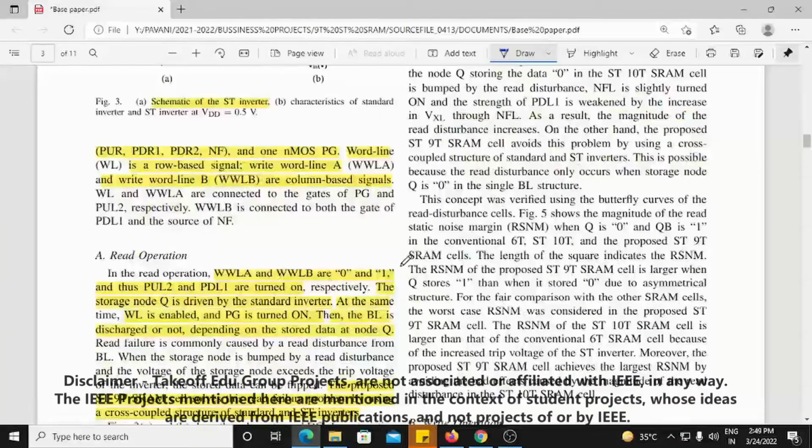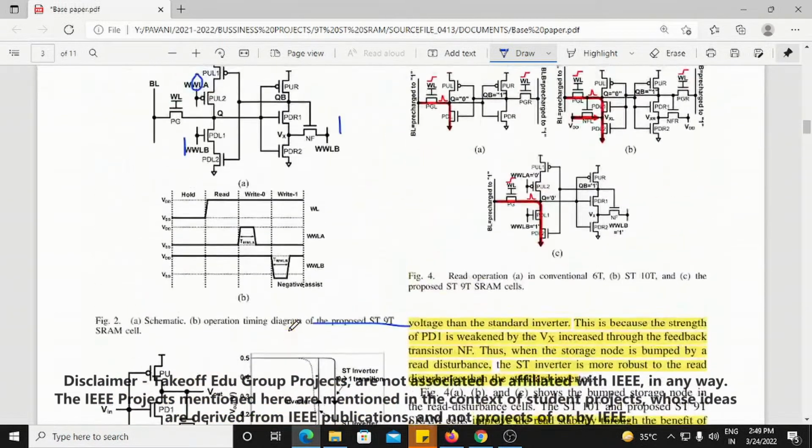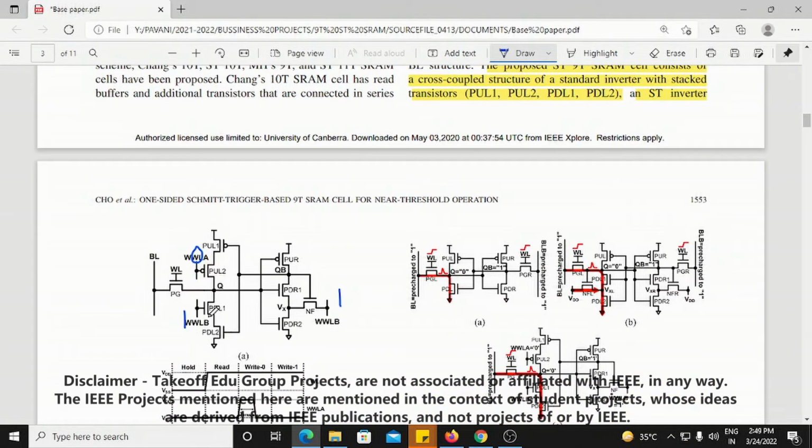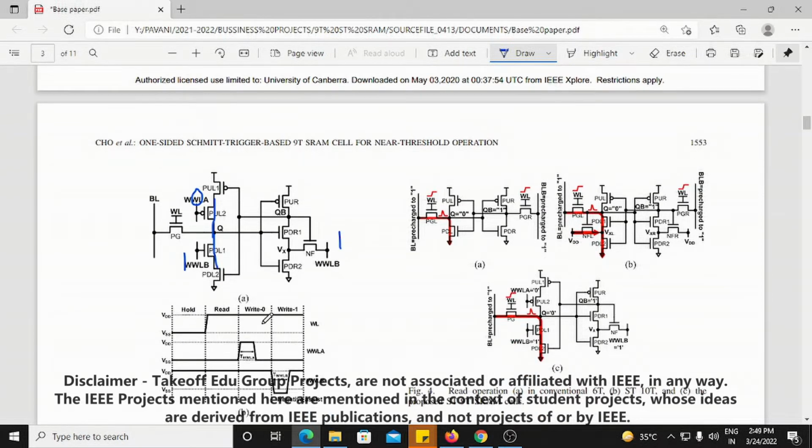By this, PUL2 and PDL2, PDL1 are turned on respectively. By giving 1, as this is an NMOS transistor, it comes under on. Giving WWLA as 0 also puts it in the on condition, so both are in on condition.